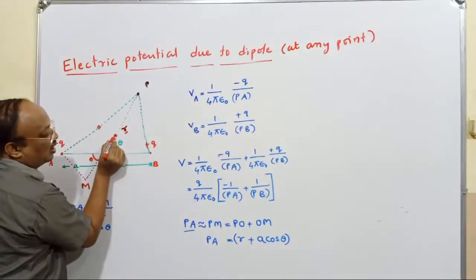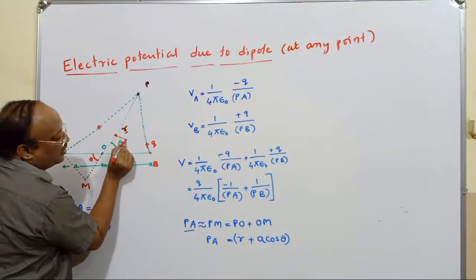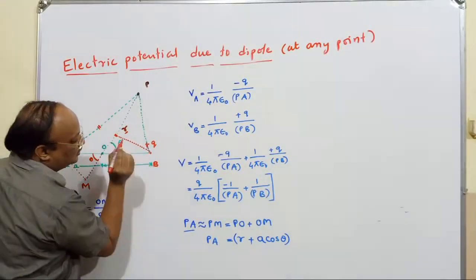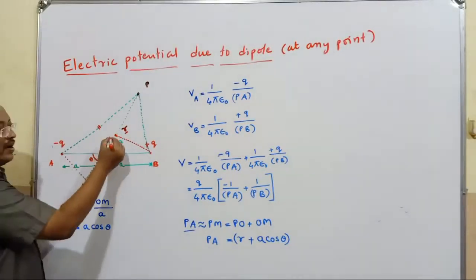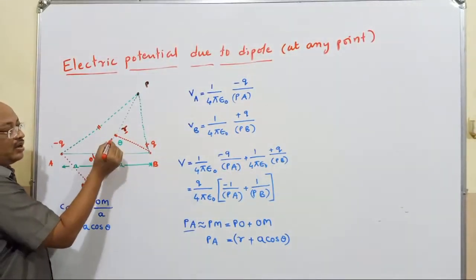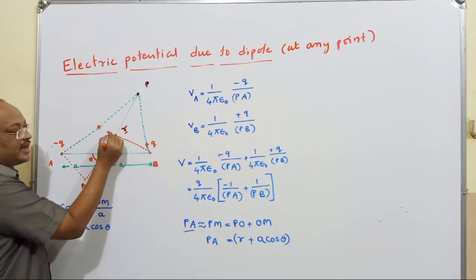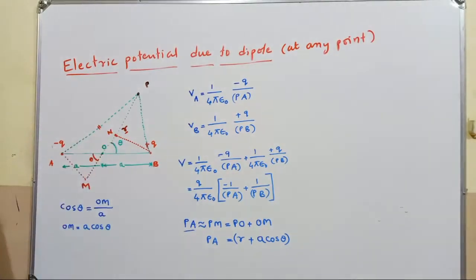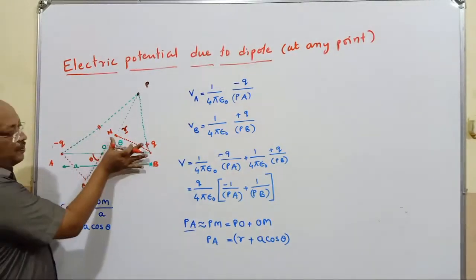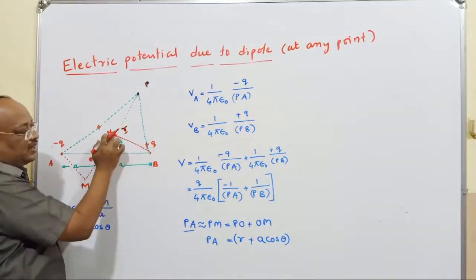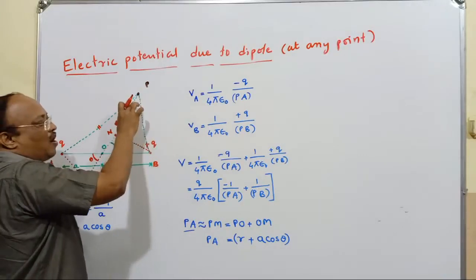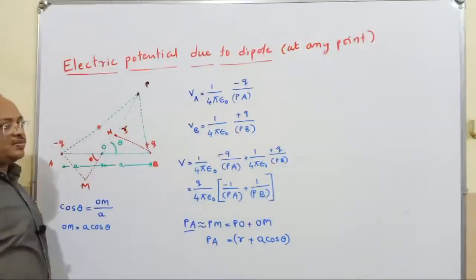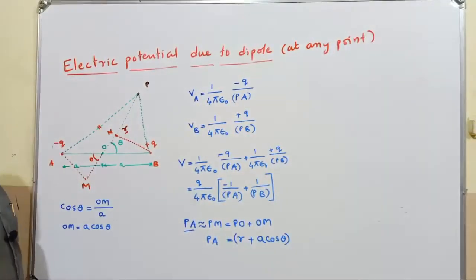I will draw a perpendicular at this point, and I call this N. Now this length will become approximately equal to this length.